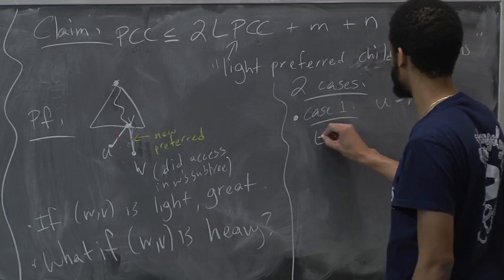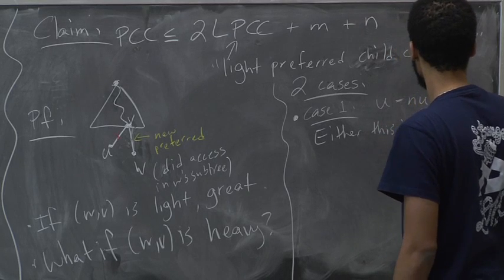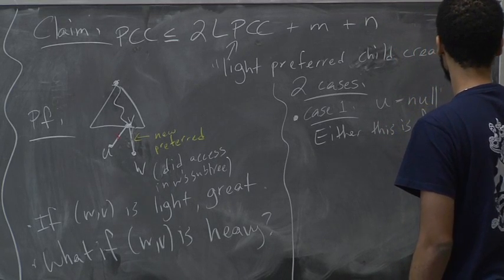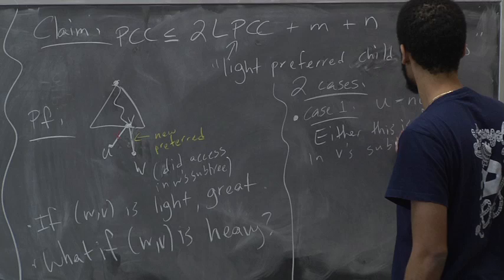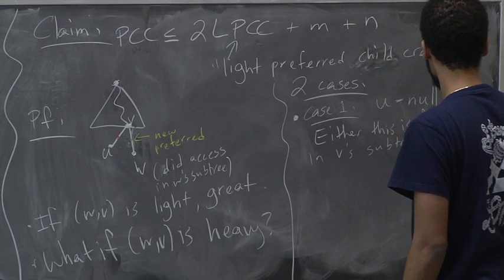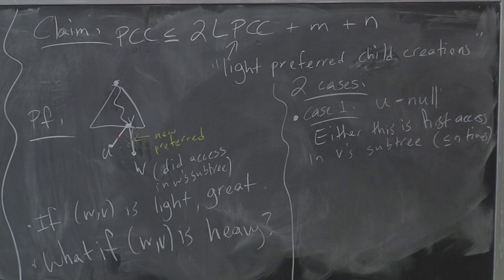So either this is the first access in V's subtree. That happens at most n times across all V, across all time.